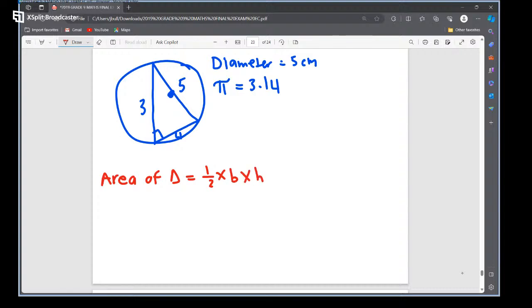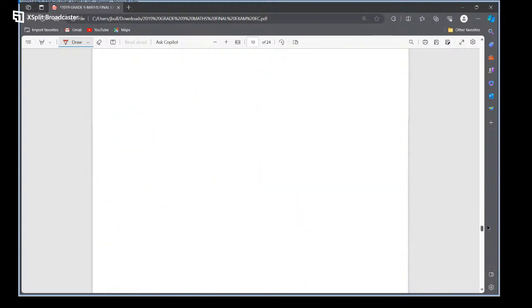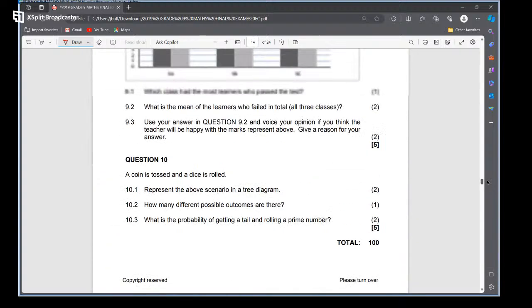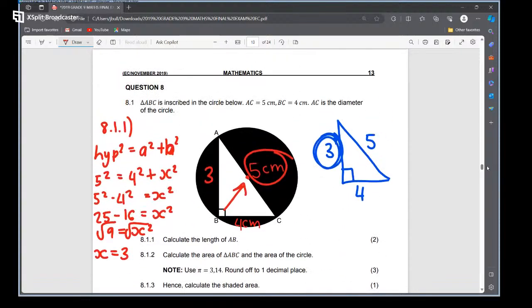We want the perpendicular height, so we want what is attached to that perpendicular angle. If we go back to it, because my drawing's really not great, we can see our height and our base are the two things connected to that 90 degree angle. So we've got 3 and 4.